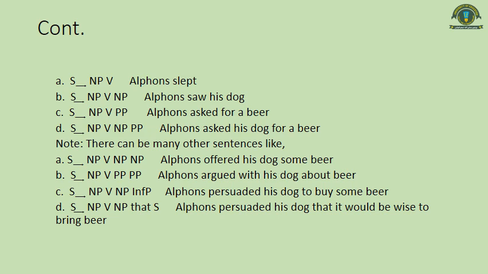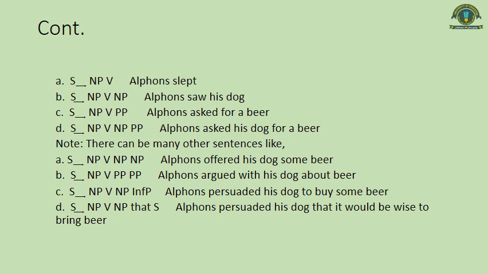And in the next sentence, Alphonse argued with his dog about beer. Under this, S is made up of noun phrase, verb, and then a prepositional phrase, and again a prepositional phrase.